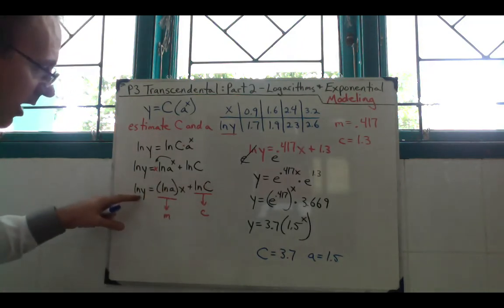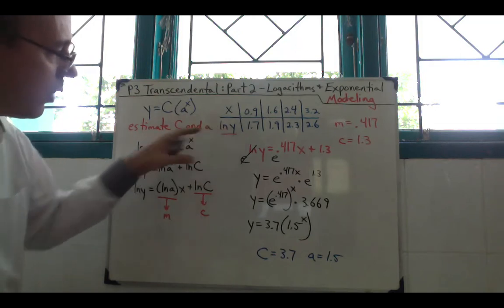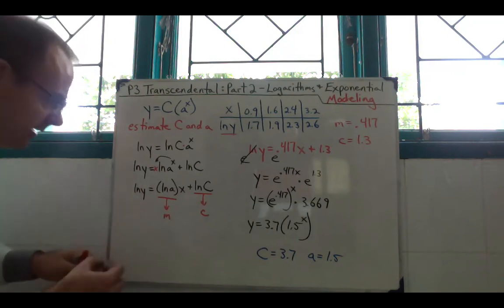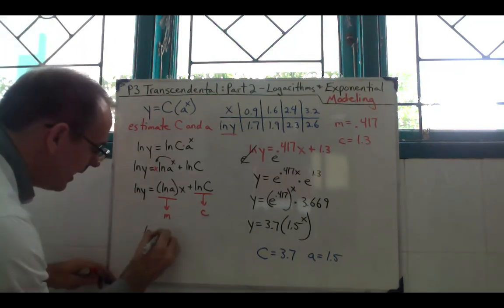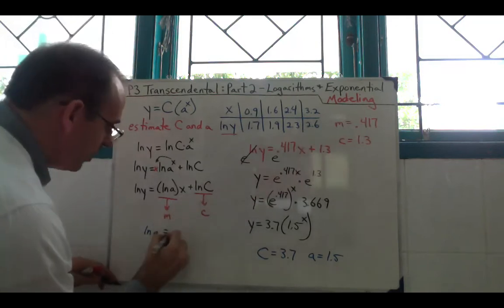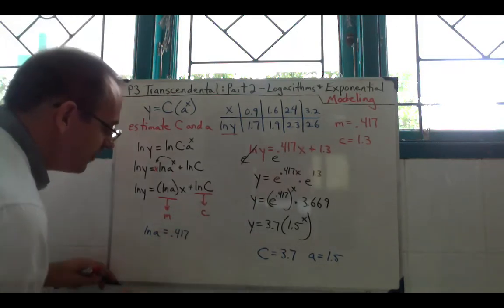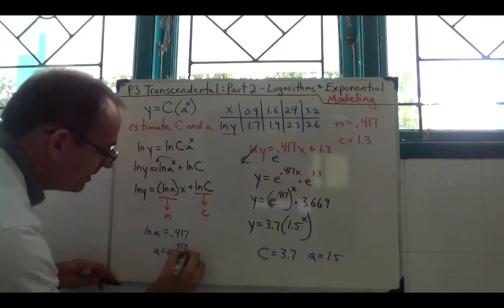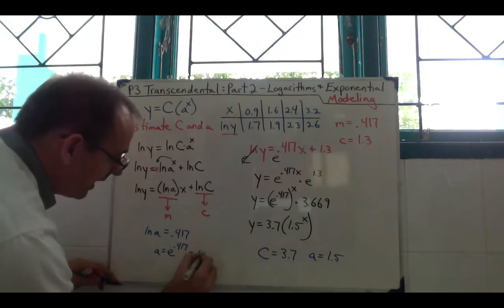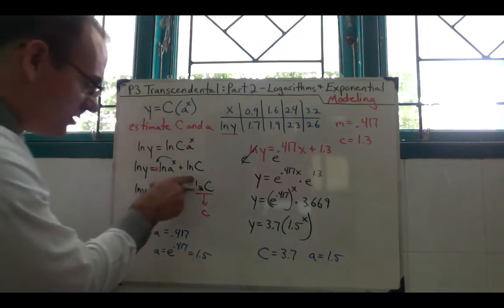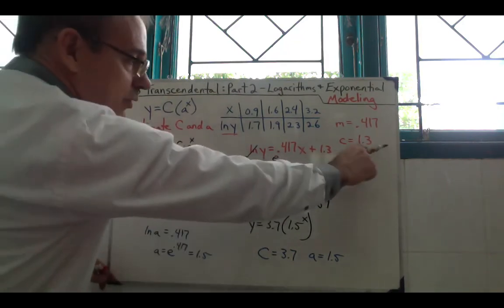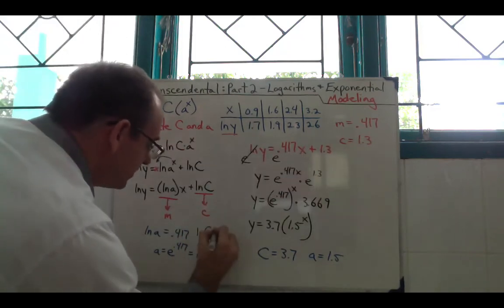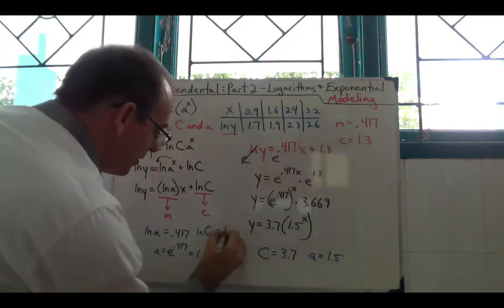So this ln A, now we're in our y equals mx plus c. You recognize that ln y has replaced the y value. So that means ln A is our slope. Okay, so you would get ln A equals, our slope was 0.417, which means A equals e to the 0.417, which equals 1.5. And your ln C is equal to the little c, the y-intercept. So ln big C equals 1.3.